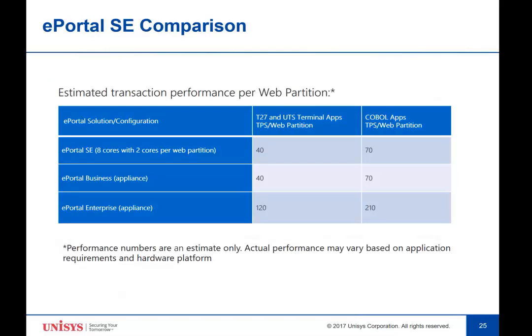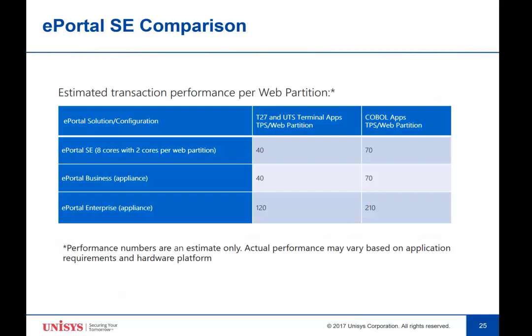So where does it fit in our overall product profile? We have ePortal Business Appliance on the bottom there, ePortal Enterprise, which is our enterprise solution, and then ePortal SE on the top there.